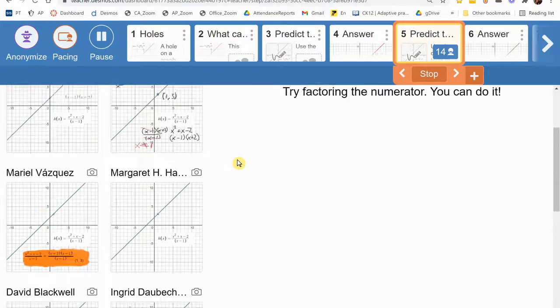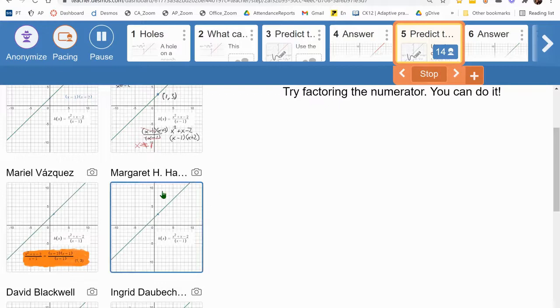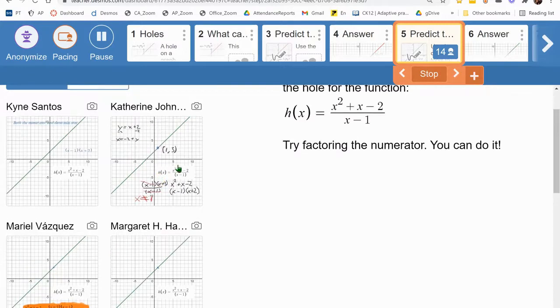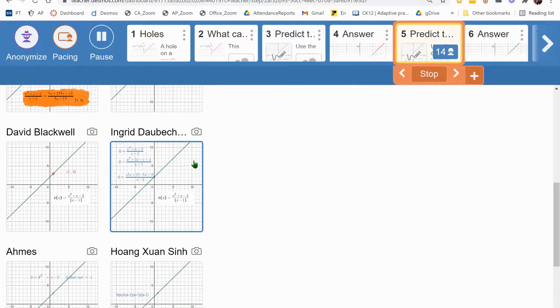With the mathematician named Margaret, would you please try to show me the factored numerator? How would you factor that into 2 parentheses? As close as we can get. All right.